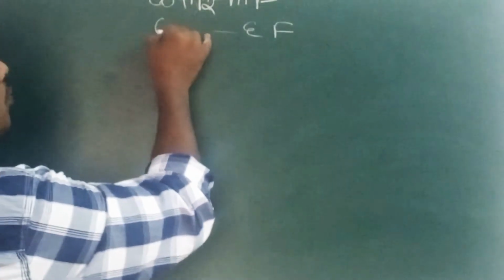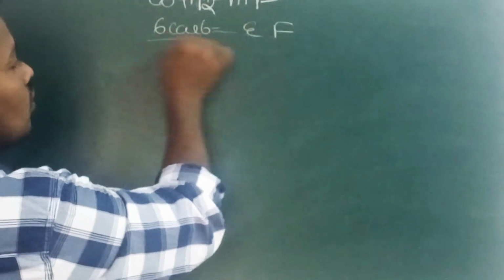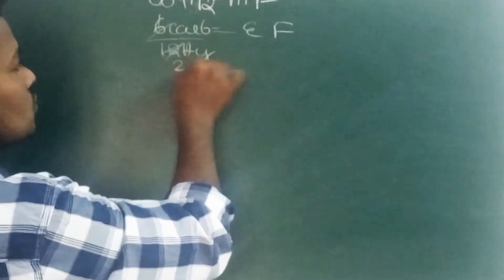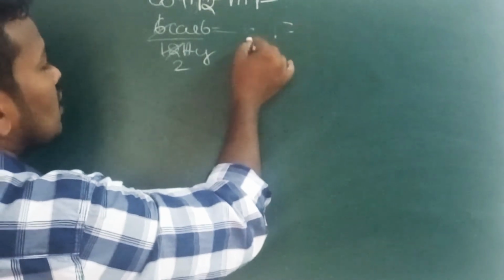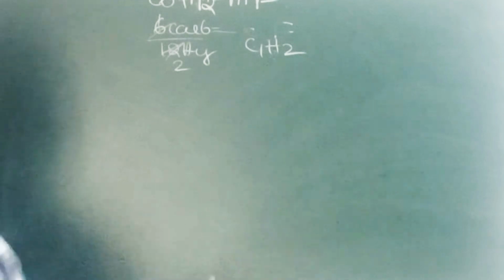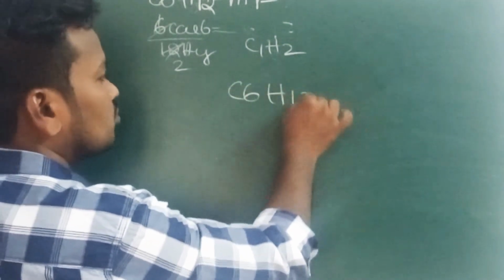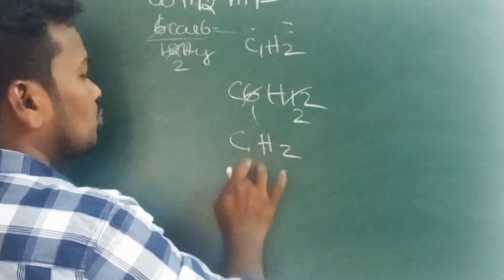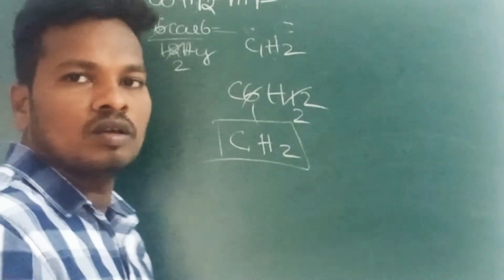So 6 carbons, 12 hydrogens. 6 is 1, 12 is 2. So carbon 1, hydrogen 2, CH2, right? That is the simplest ratio, the empirical formula.